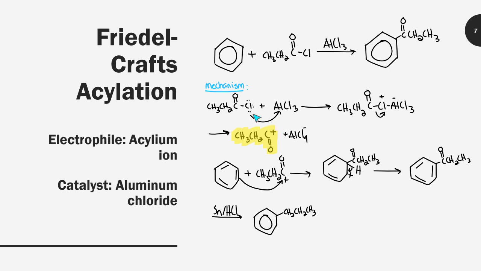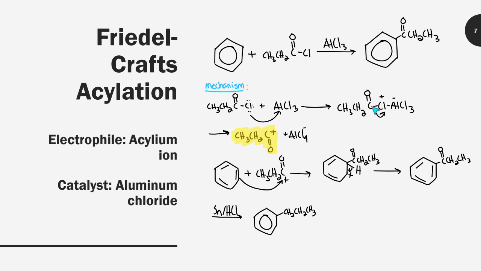A lone pair of electrons from chlorine will attack aluminum, make this bond, which makes the aluminum negatively charged and chlorine positively charged. For the acylium ion, it doesn't matter: it'll form no matter what. There are no restrictions there. And it also won't rearrange, ever.